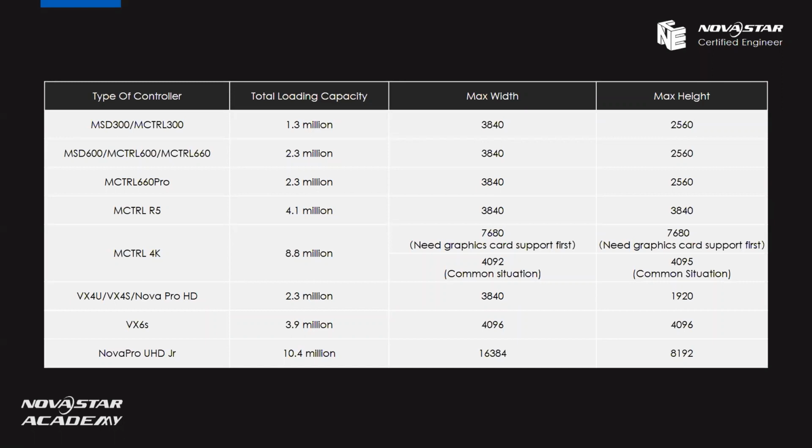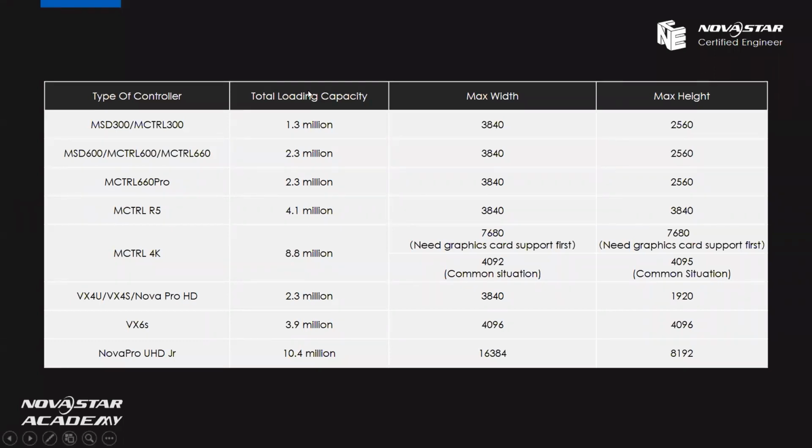But if you create a new virtual screen, then the screen can be customized and the resolution should be under the limit of the graphics card. This is the same as our scene controller. Our scene controller can also have a customized resolution, and of course, the resolution should be under the max capacity. Okay, let's see an example.